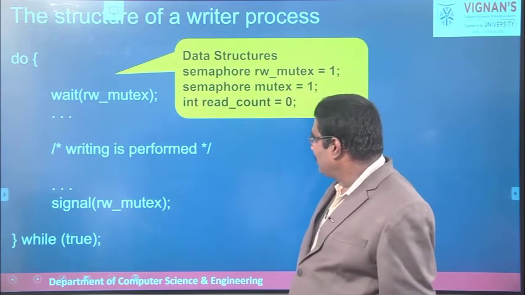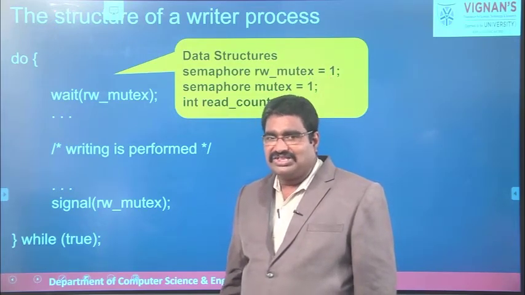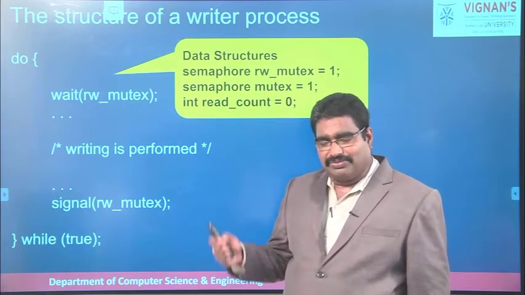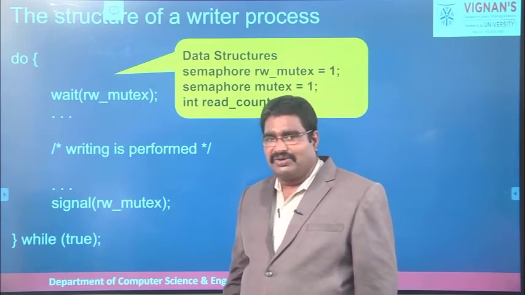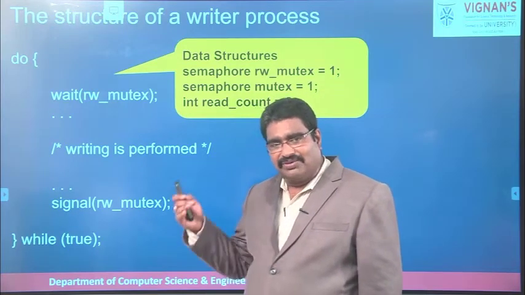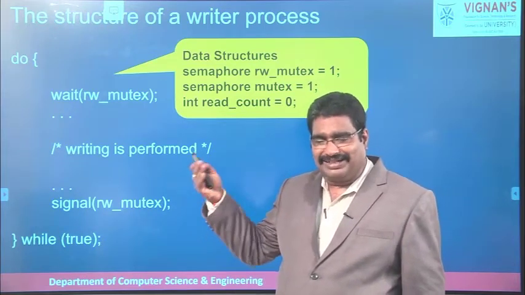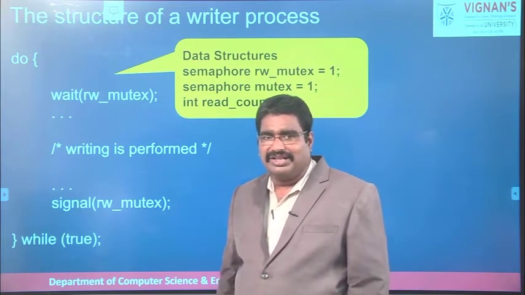I hope you understand that RW mutex is a binary semaphore. Its initial value is 1. It is used to achieve the mutual exclusion condition, that is, at any instant of time only one writer is to be allowed, or if one writer is already performing the write operation, we stop the other readers. For that purpose we are using the RW mutex binary semaphore.